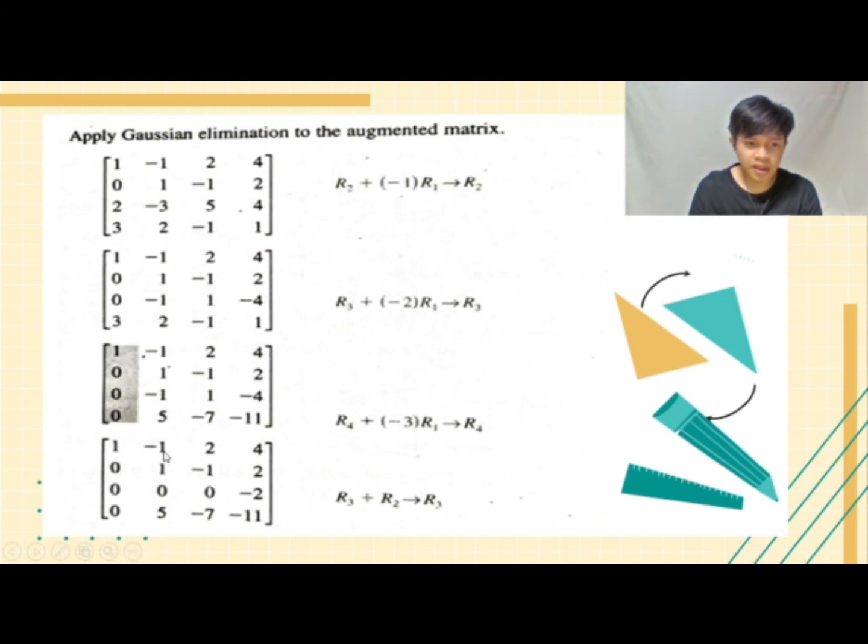Okay, and then negative 1 plus 1 is equal to 0. 1 minus 1 is equal to 0. The last one is negative 4 plus 2 is equal to negative 2.